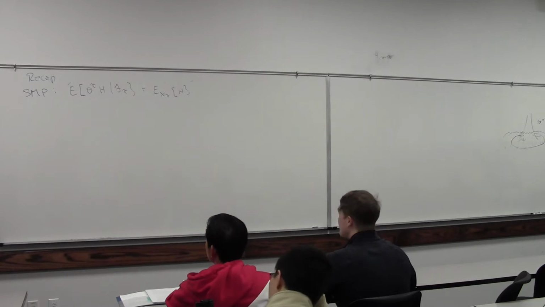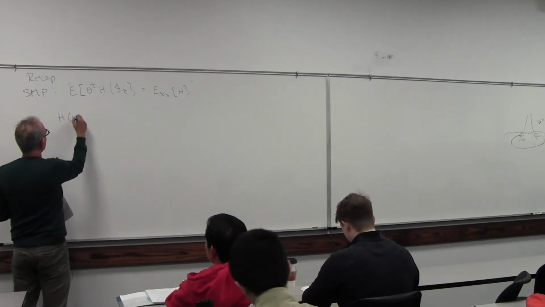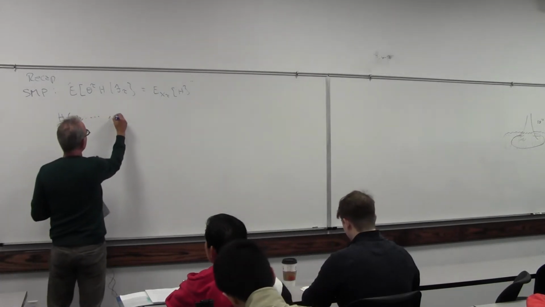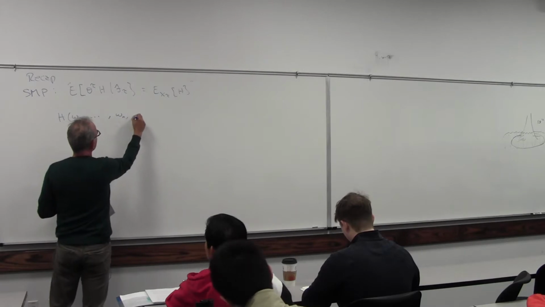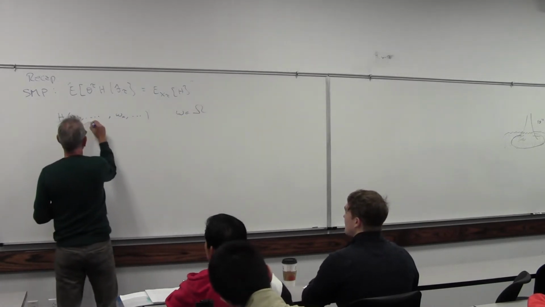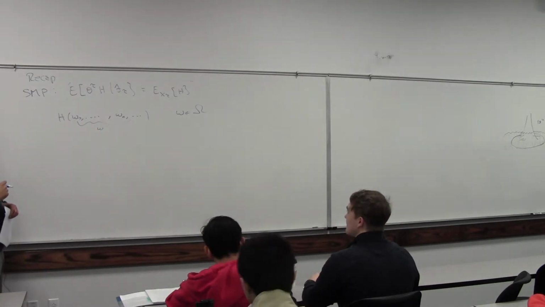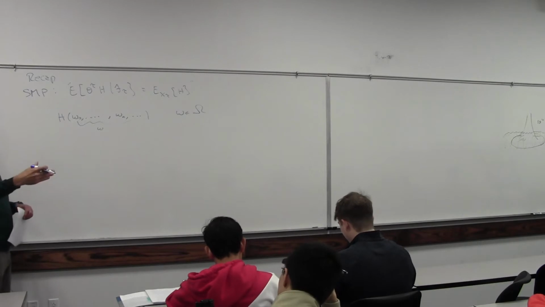And that's a pretty mysterious looking thing, I know. Remember, what this means is, if H is, we're talking about a function on sequences, and that theta tau is just shifting the elements again.